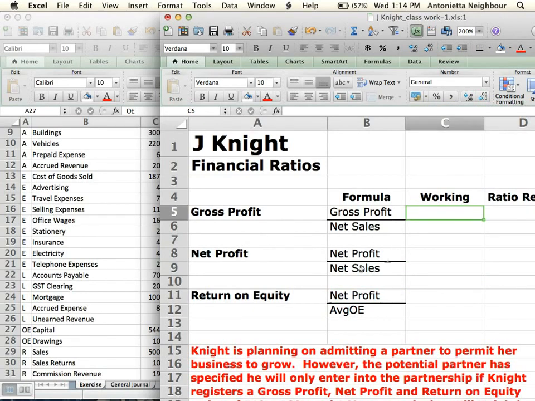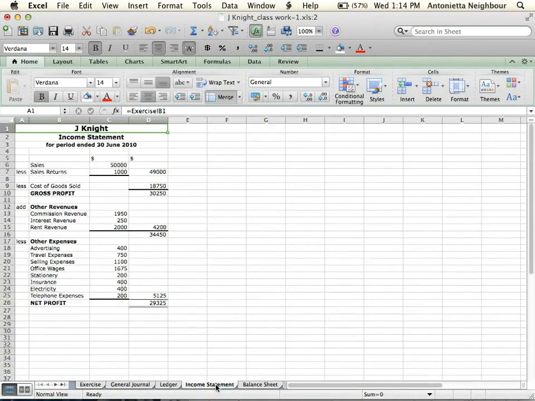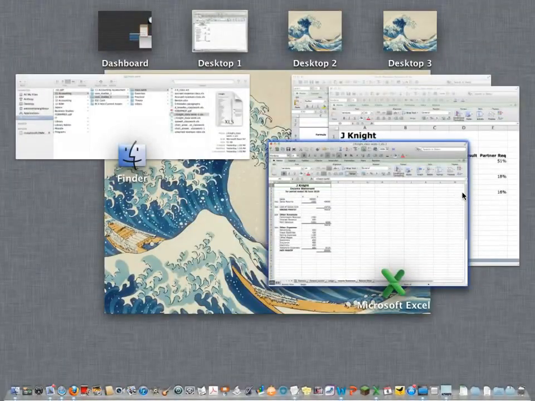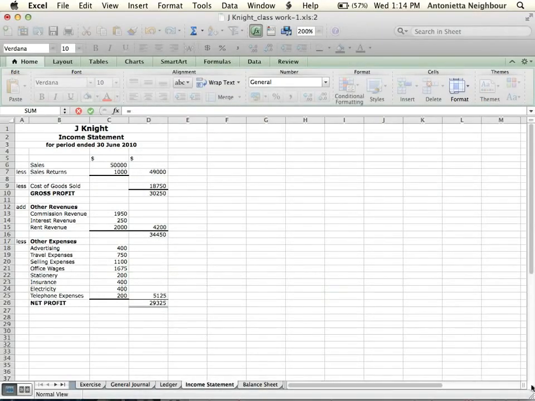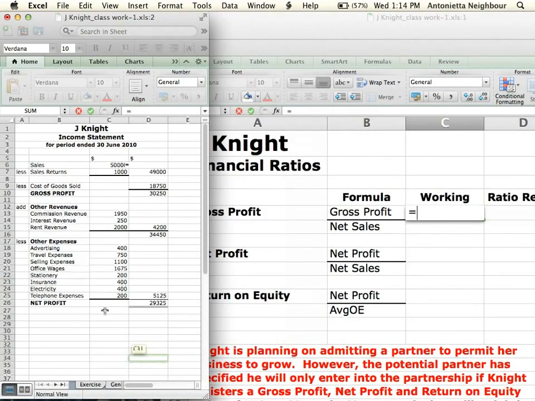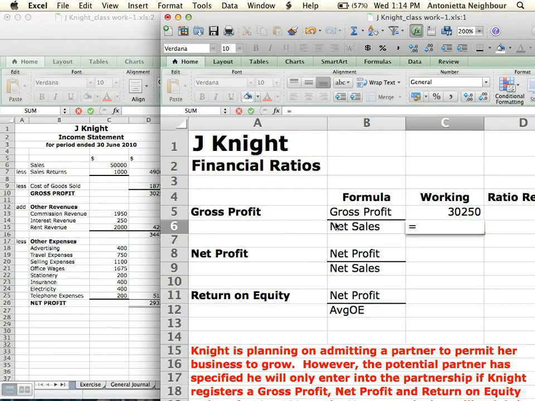And then it's just a case of pulling these figures out and moving them into this spreadsheet here. So I'm going to click in my income statement here. So gross profit equals $30,250.